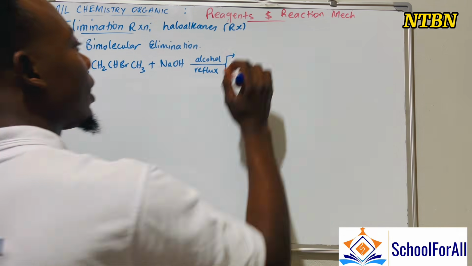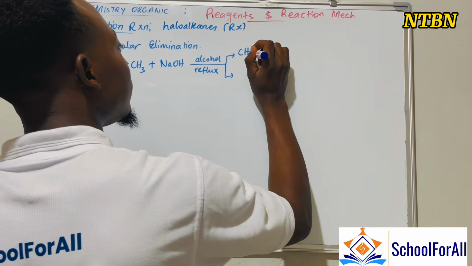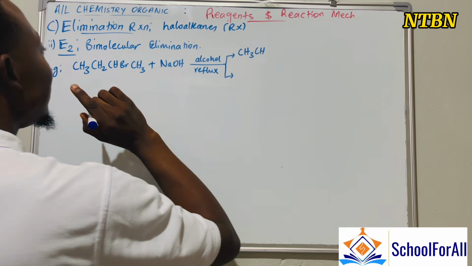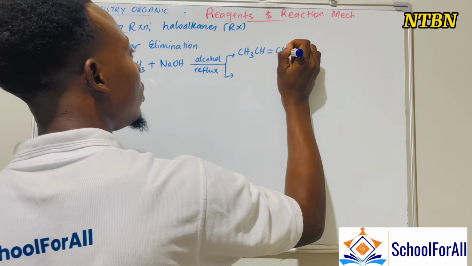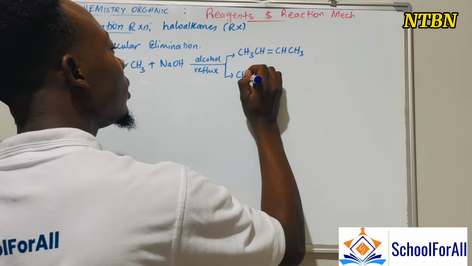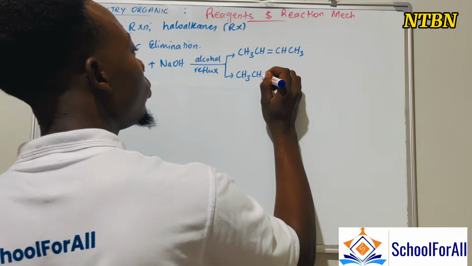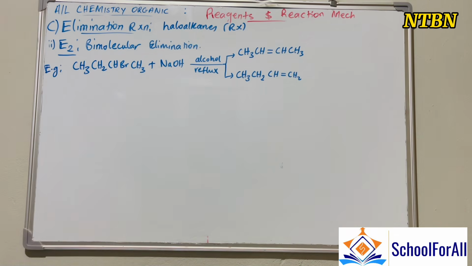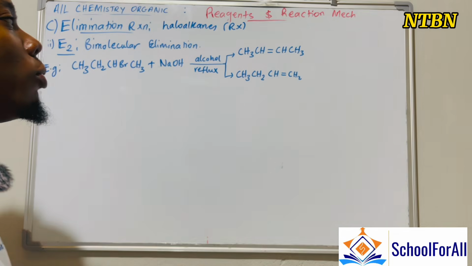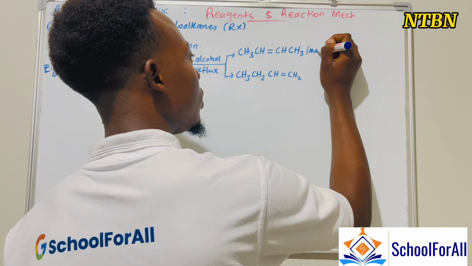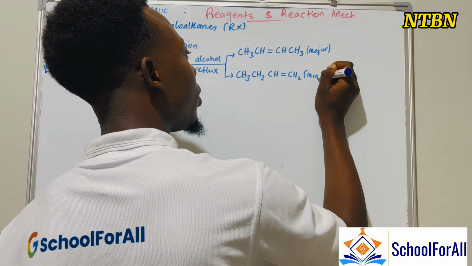I can have CH3, CH double bond CH, CH3, and I can also have CH3, CH2, CH double bond CH2. Here I'll have the 2-ene and here I'll have the 1-ene. But among the two, which one will be the major and which one will be the minor product? This one is the major product and this one is the minor product.